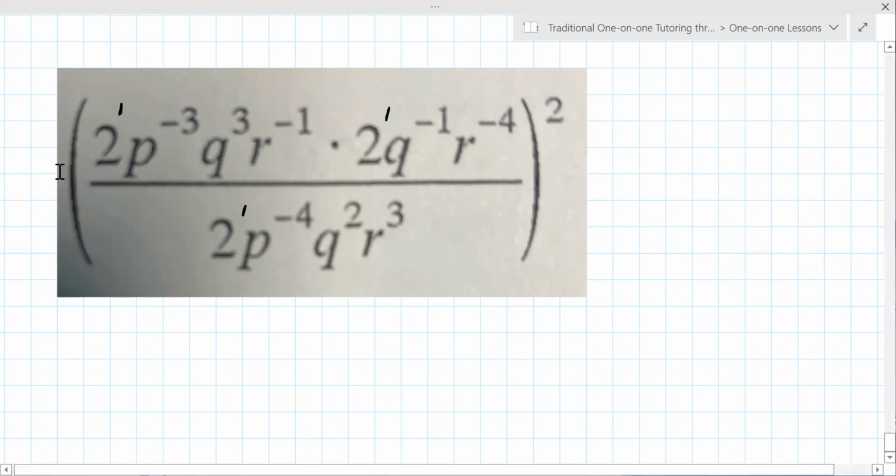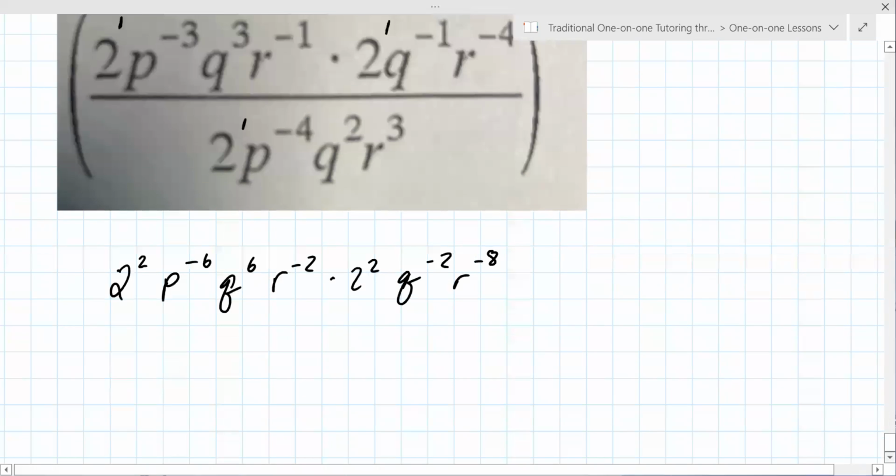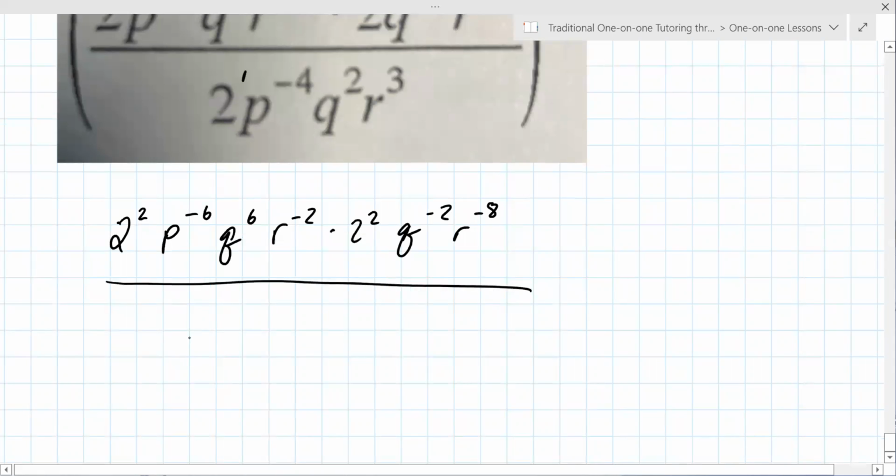I personally, and this is just a preference, would probably clean up the inside first, but both ways work. They're not wrong. So 2 squared, p to the minus 6, q to the power of 6, r to the minus 2 times 2 squared, q to the minus 2, r to the minus 8, all over 2 squared, p to the minus 8, q to the 4th, r to the 6th.